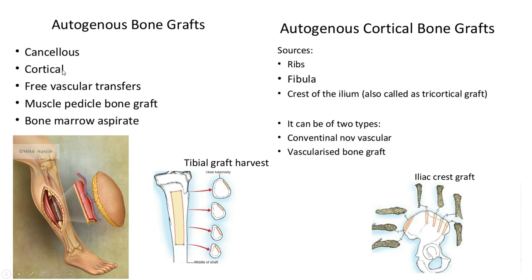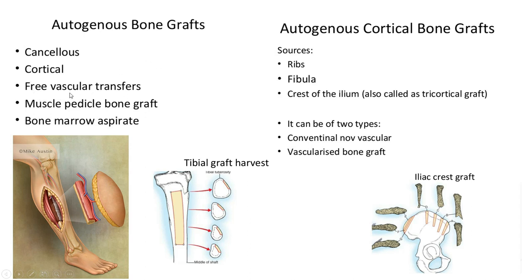Then it can be used as a free vascular transfer, meaning the part of the bone that is transferred must contain vessels. If we do anastomosis of the vessels, then this bone along with its periosteum will help in regeneration, because it has its own blood supply.